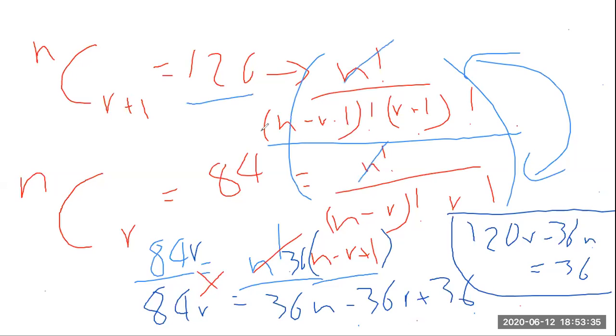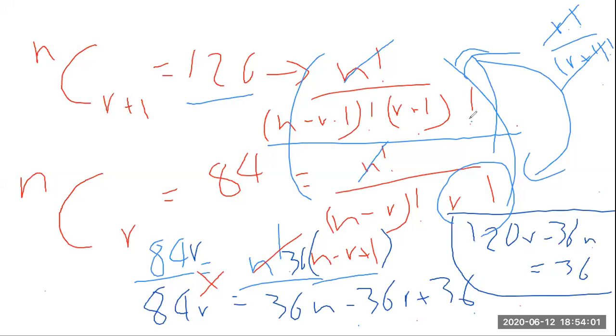the n factorial cancels out, and this should come up on top, and r factorial by r plus 1 factorial, the bottom would cancel out, and you'd get just fractions.